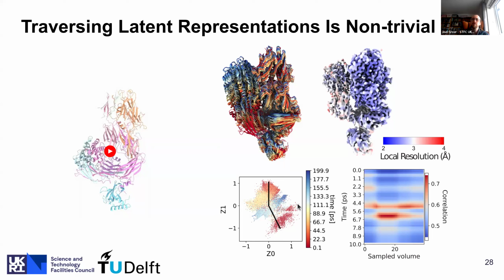So the start of the MD simulation, maybe up until the first interim state, then maybe the second part of the MD simulation up until the second interim state, and then the final state.